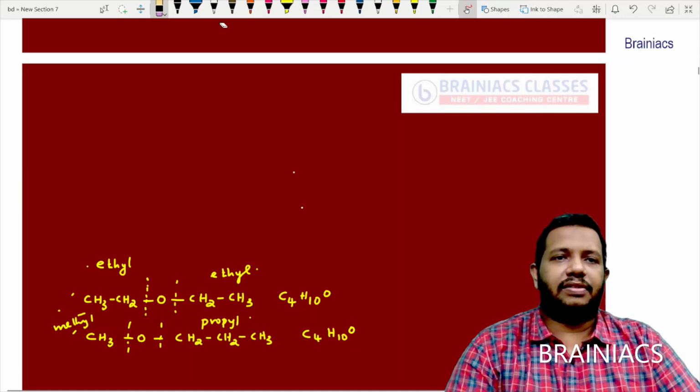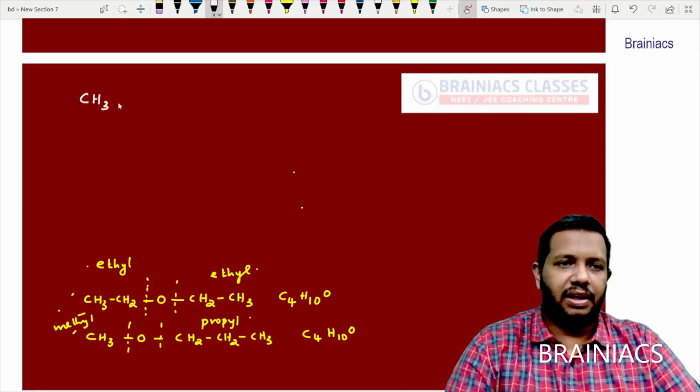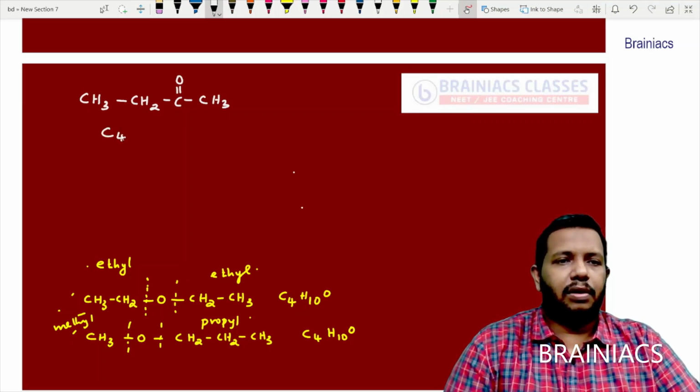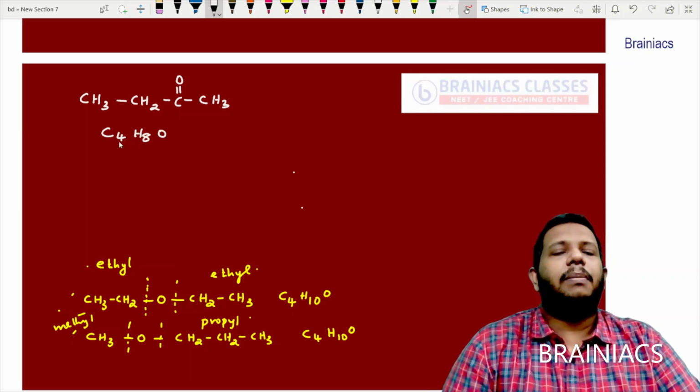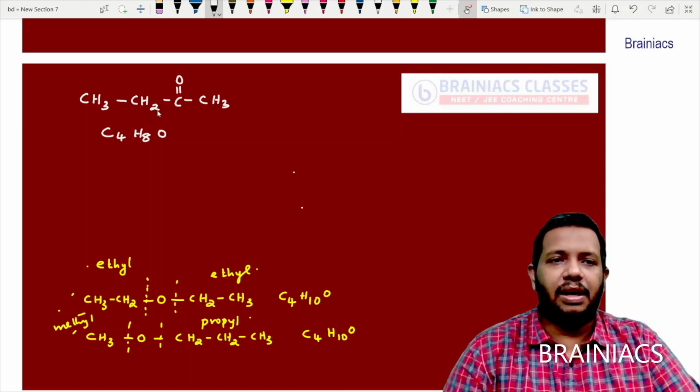Now let's say, for example, I take a ketone like this: CH3, CH2, C double bond O, CH3. I know this is also a ketone. What will be its formula? C4, then 3 plus 2, 5, 5 plus 3, 8: C4H8O. But ketone requires a minimum of 5 carbon atoms to show metamerism. Why?